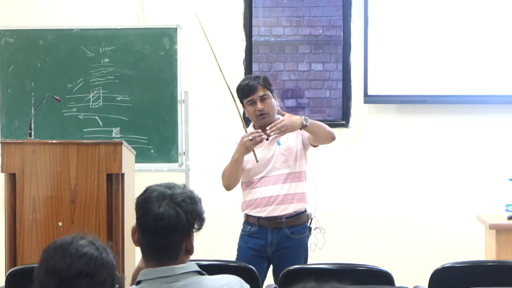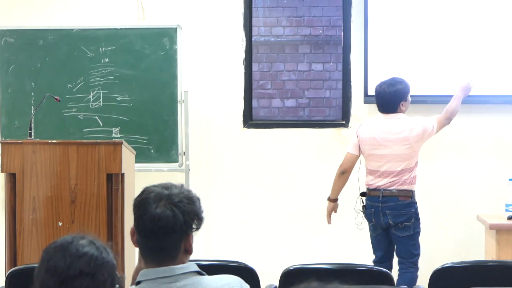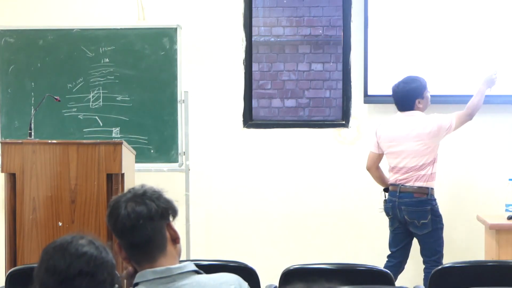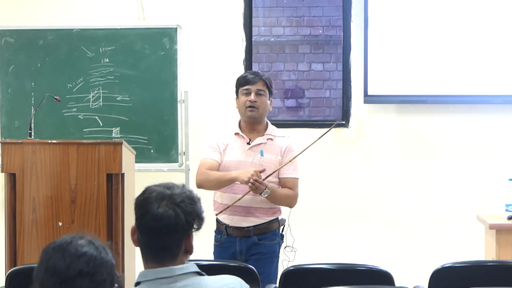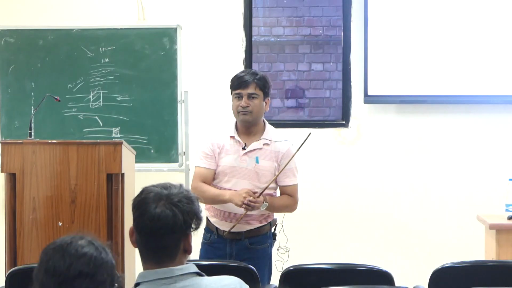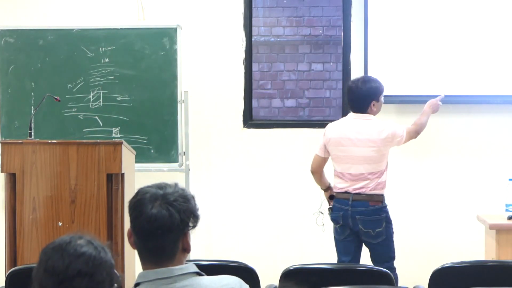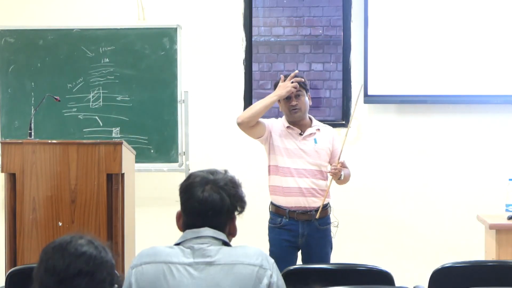Only when they come together and recognize the target sequence, this component recognizes this and this recognizes this, is the FokI endonuclease reconstituted. Then it makes a double strand break.